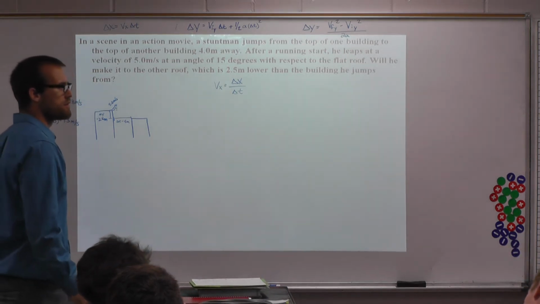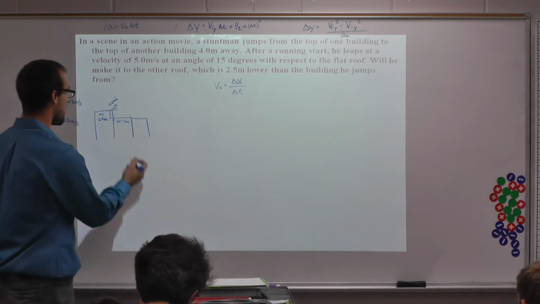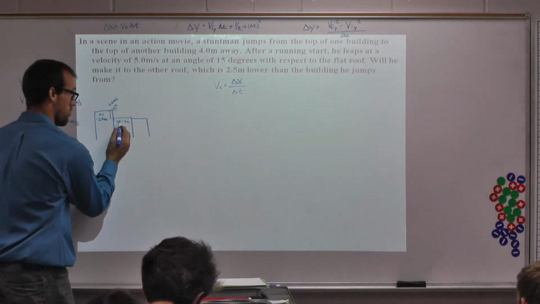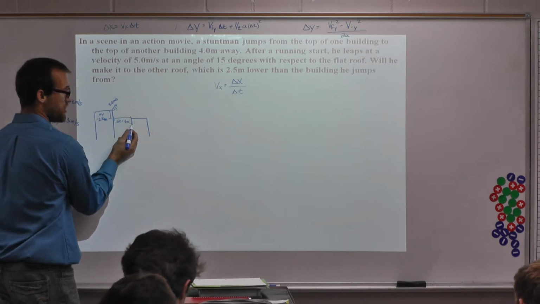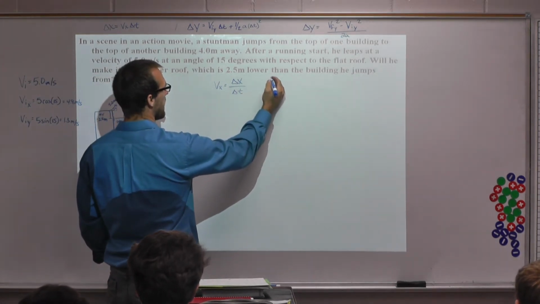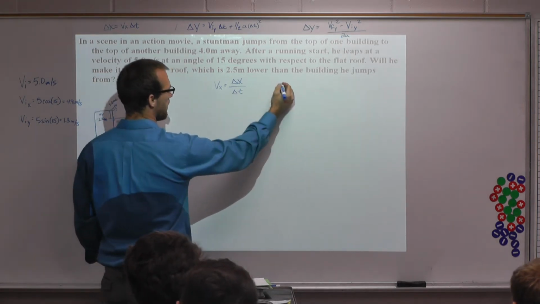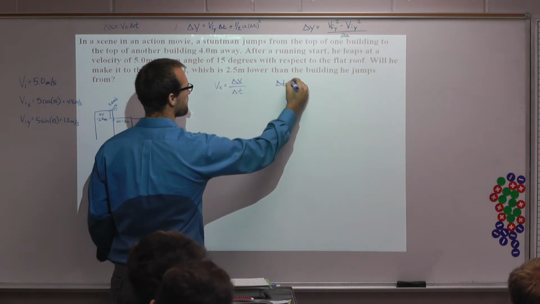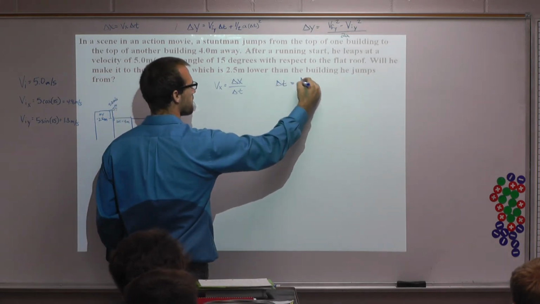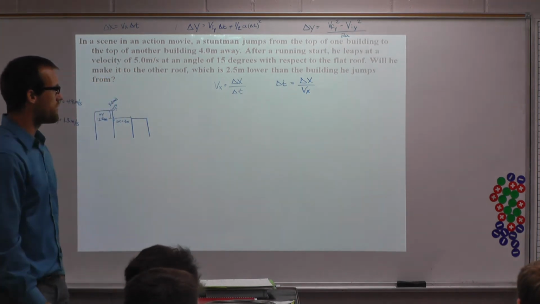Well, it's the horizontal component, but we need it. What I want to know is, at what time have I cleared 4 meters? So if I plug in, I want to solve for time here. Do I know Vx?